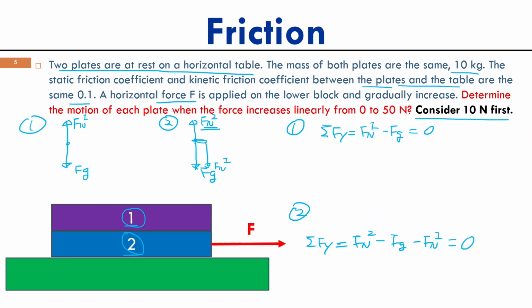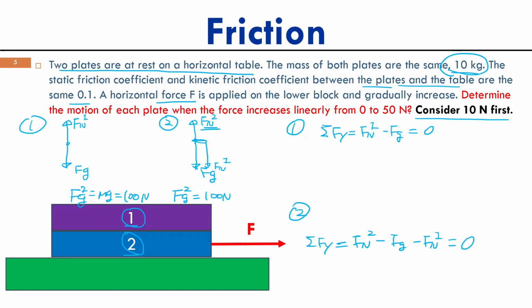And we know both plates have the same mass, 10 kg. So Fg1 equals mg, if we use 10 meters per second squared, which equals 100 Newton. And the weight of the second plate is also 100 Newton, right?